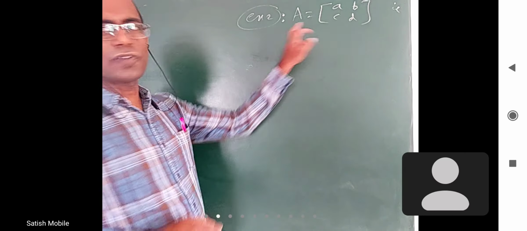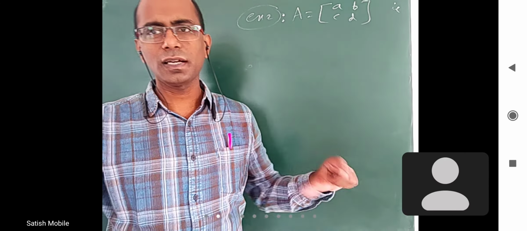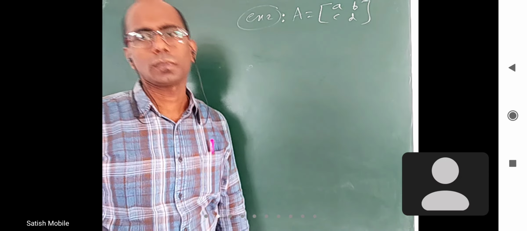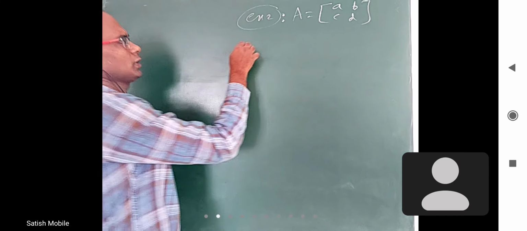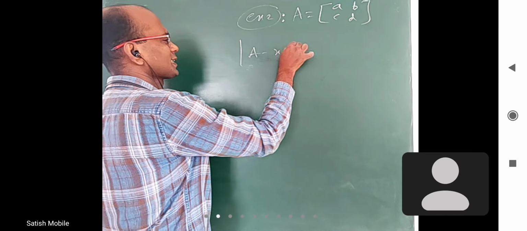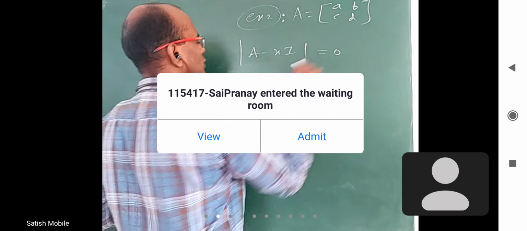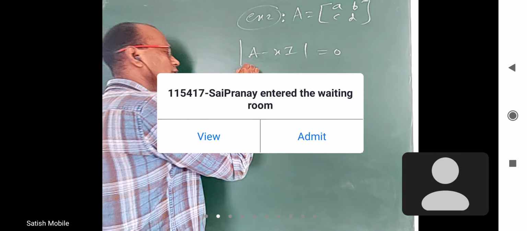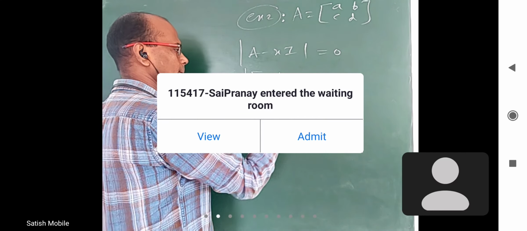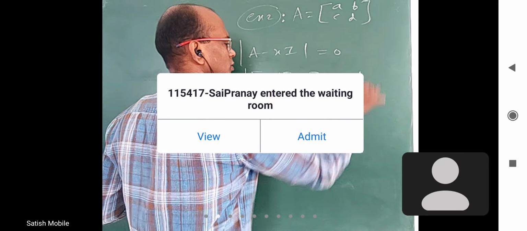I want you to find the characteristic equation of this and then substitute matrix A in it and form the polynomial that A will satisfy. So same thing, let us find determinant of A minus xI equal to 0. That is [a b; c d] minus [x 0; 0 x] equal to 0.